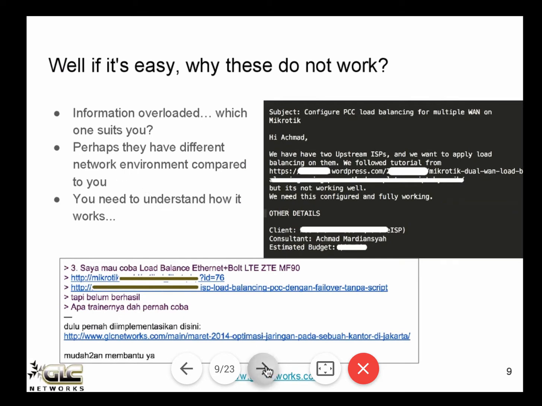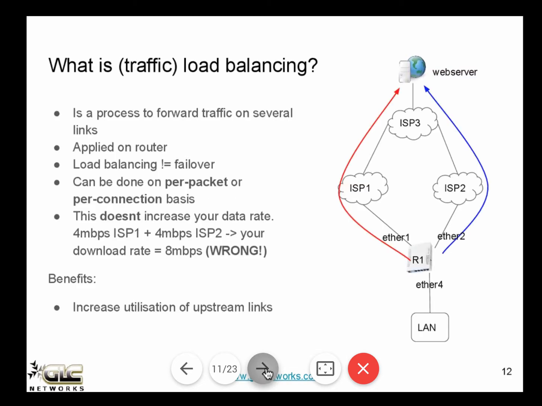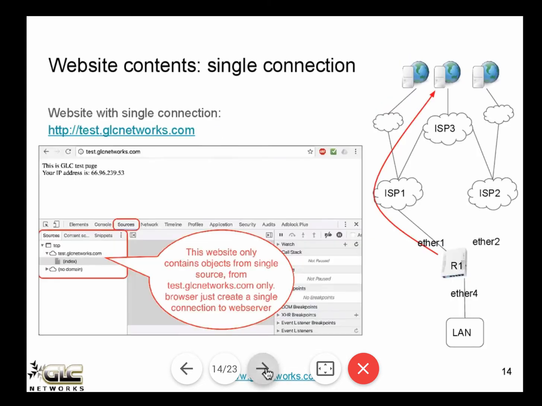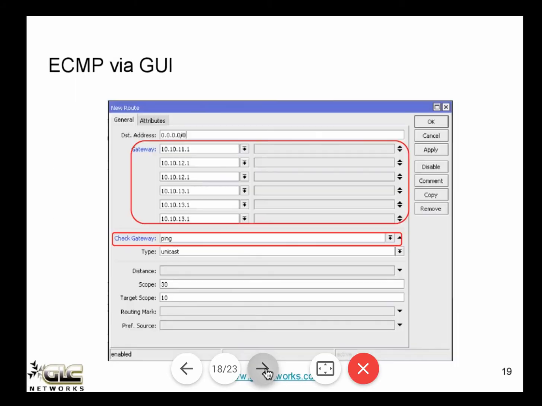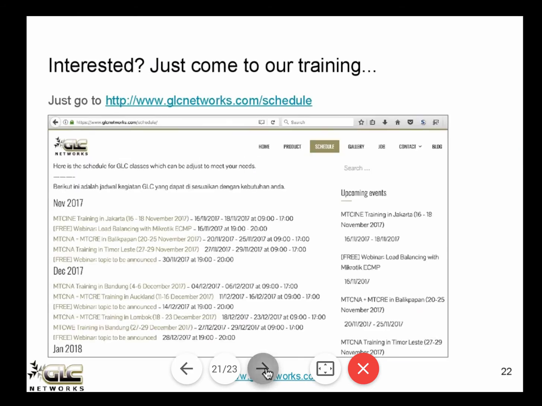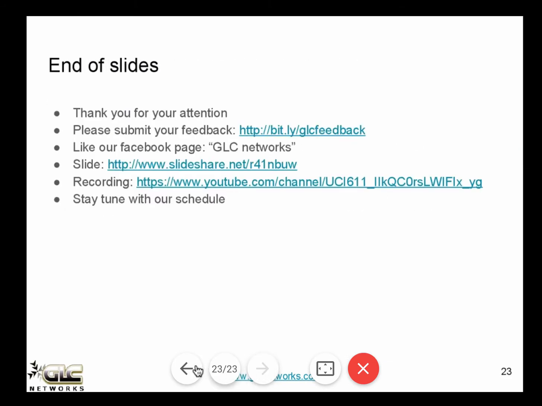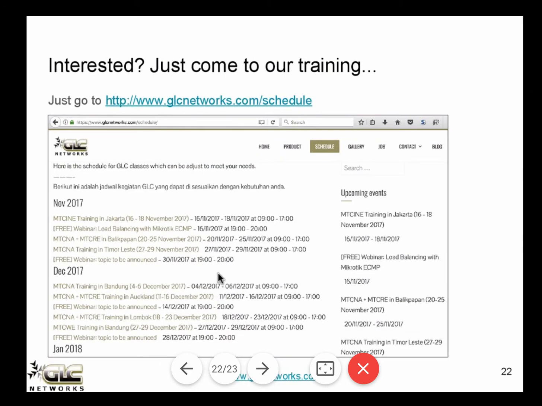MTCNA means Mikrotik Certified Network Associate. So that's the basic training for Mikrotik.